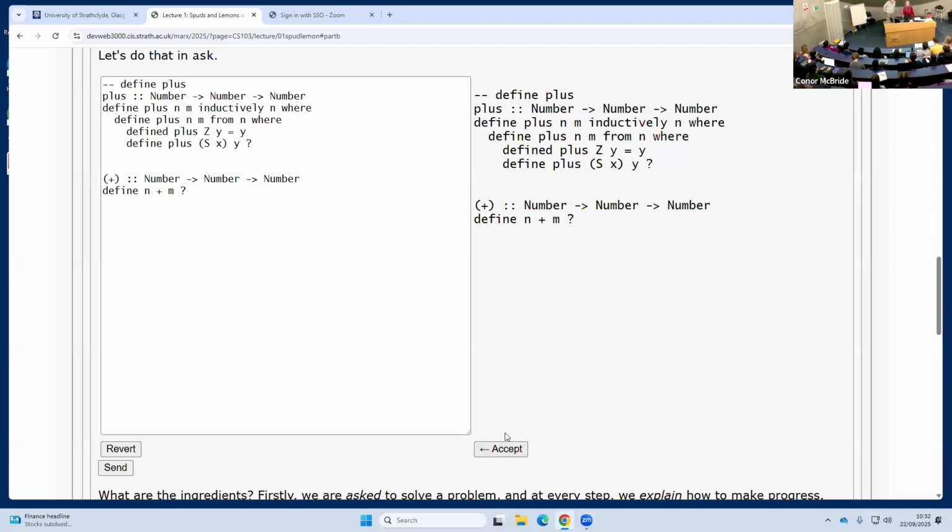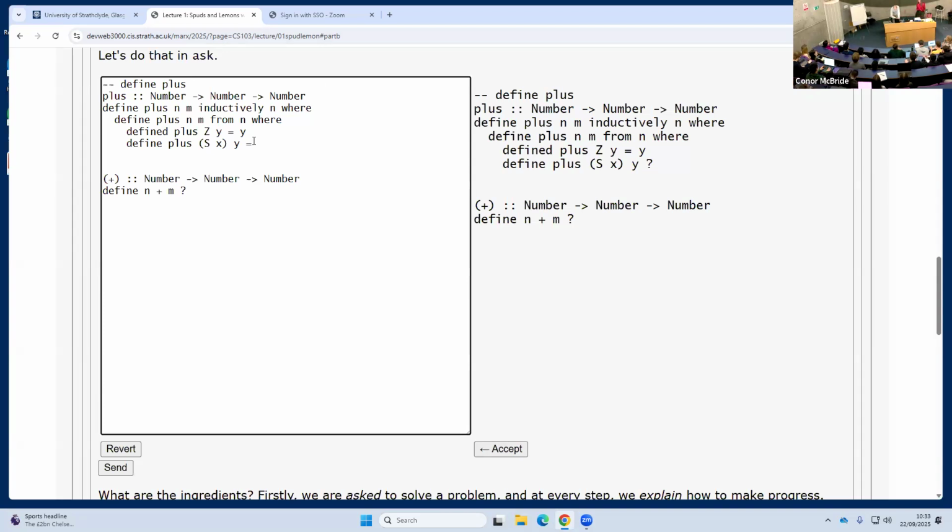And okay, you can see that we've done one case. Now we have to think: if we're adding successor of x to y, that inductively means we are allowed to add x to something, because x is smaller than the input we said we were working inductively with.